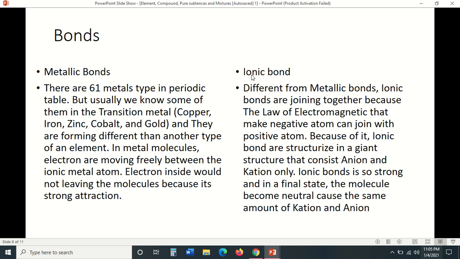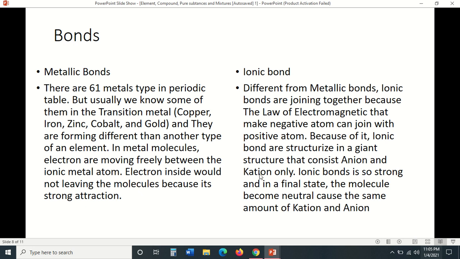And then there's also an ionic bond. Different from metallic bonds, ionic bonds join together because of the law of electromagnetism that makes a negative atom join a positive atom. Because of it, ionic bonds are structured in a giant structure that consists of anions and cations.